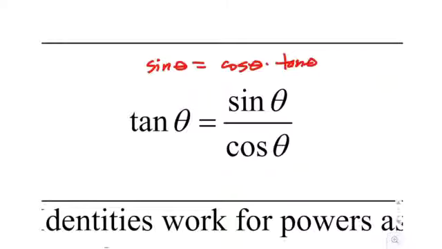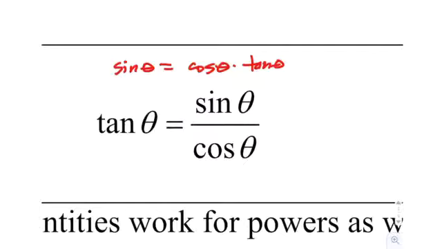Not really, because it is an immediate consequence of the fundamental identity. You can obtain it easily by multiplying both sides by cosine. So we're not going to memorize that. Similarly, you could say that cosine is equal to sine over tangent. You want to memorize that? Not really, because it's a direct consequence of something we already know.